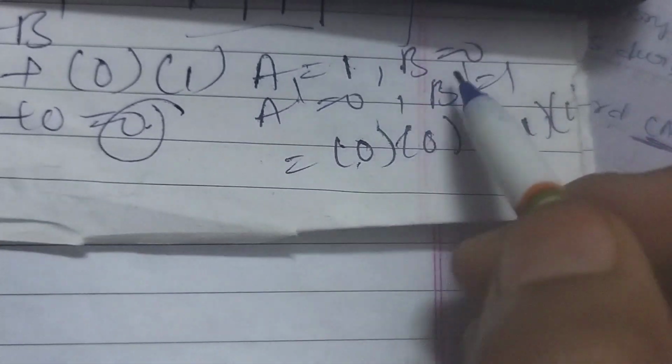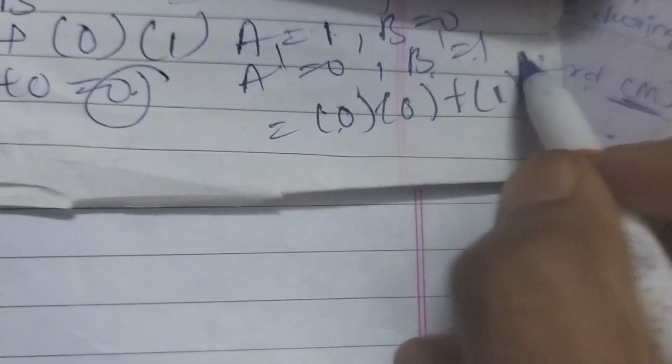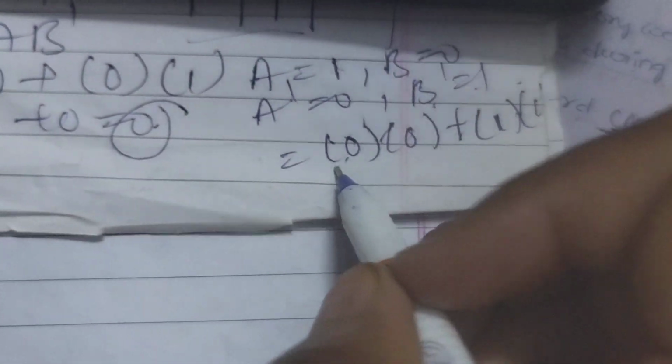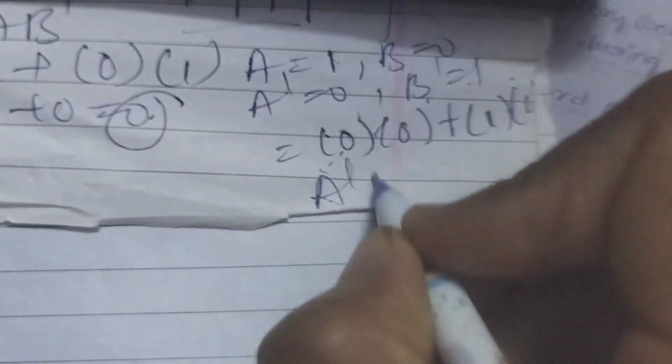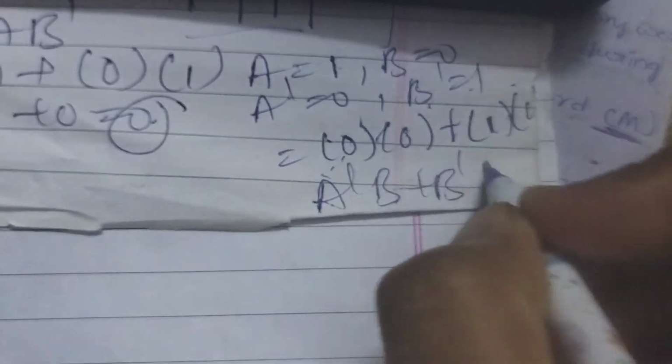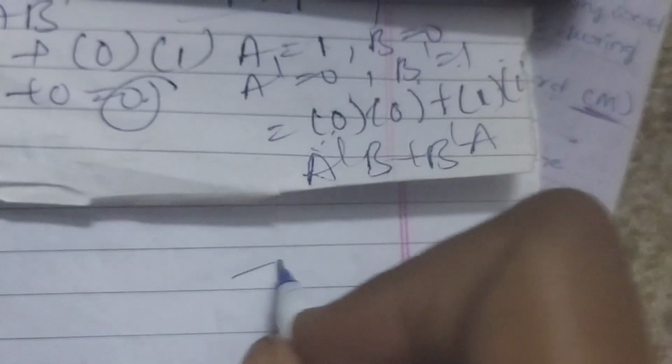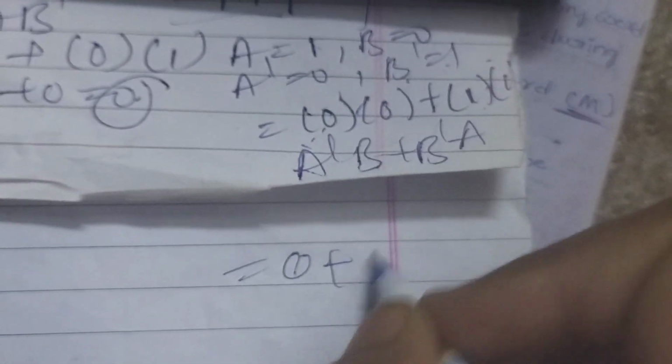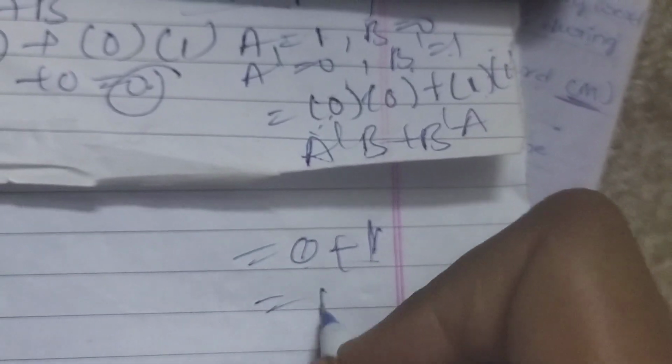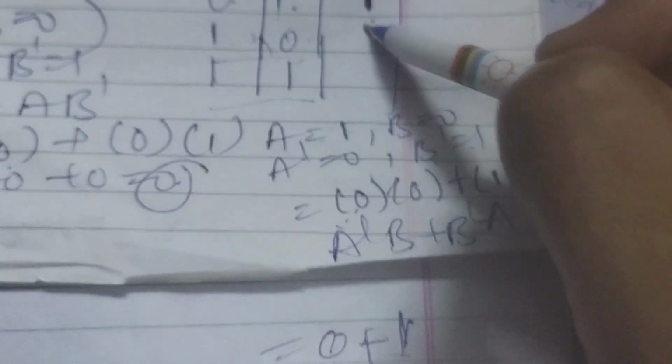We need to apply these values in the A dash B plus A B dash formula. 0 into 0 is 0, 1 into 1 is 1. After adding, we will get 1. For 1 and 0, we have got the value as 1.